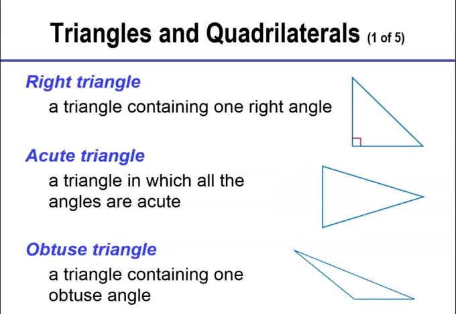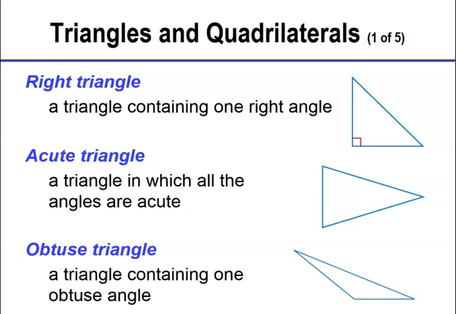How about triangles? A right triangle, you know what that means, it has a right angle. Remember what a right angle is? It's a 90-degree angle. So a right triangle has a 90-degree angle. An acute triangle is a triangle in which all the angles are acute, less than 90 degrees.